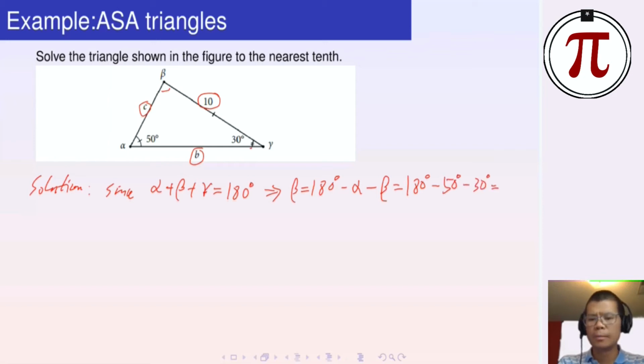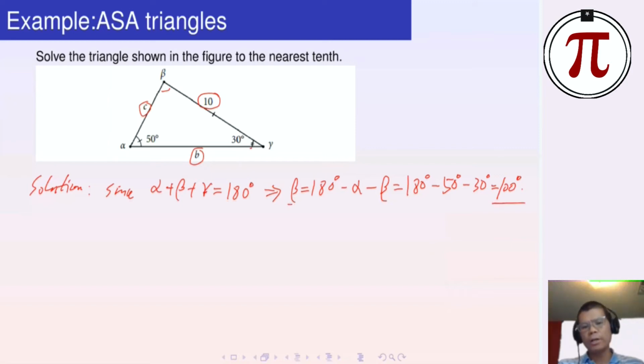That is 100 degrees, right? Now we have found this beta angle.